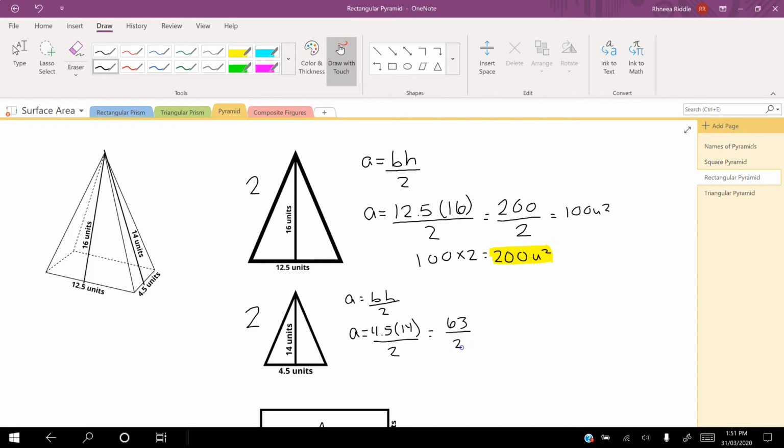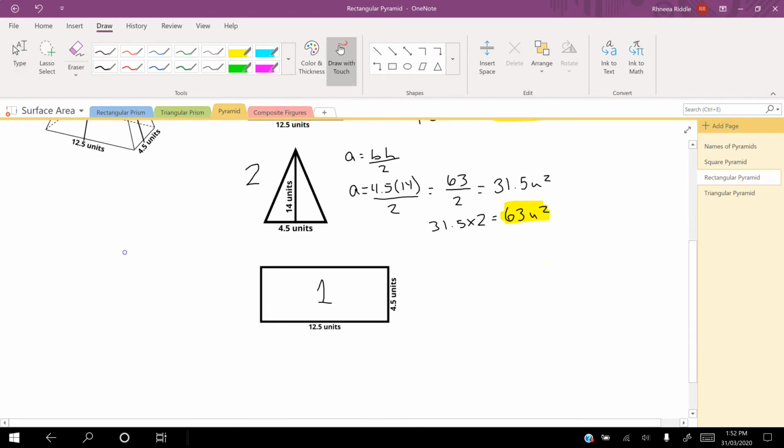I'm going to keep that denominator of 2 because we haven't touched it yet. We're going to use it to divide 63 by 2, and we get 31.5 units squared. And just like the other faces, there are two triangular faces. So 31.5 times 2 is going to give us 63 units squared as the area for both of those triangular faces.